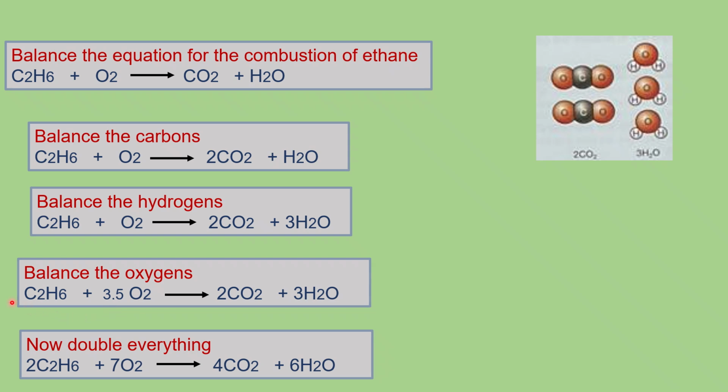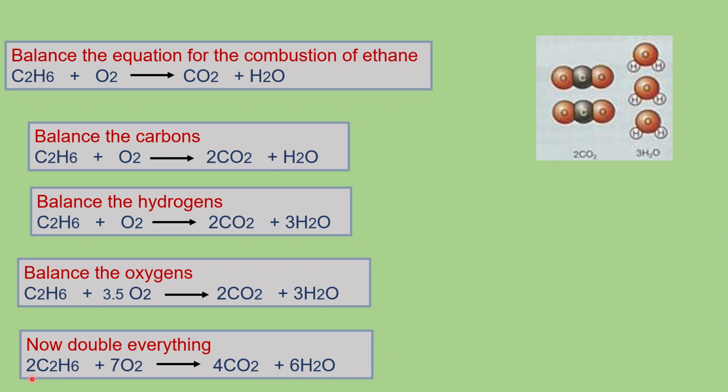So we are going to multiply every coefficient in the equation times 2. 2 times 1 is 2, 3.5 times 2 is 7, 2 times 2 is 4, and 3 times 2 is 6. So my balanced equation is 2 C2H6 plus 7 O2 gives me 4 molecules of carbon dioxide and 6 molecules of water.